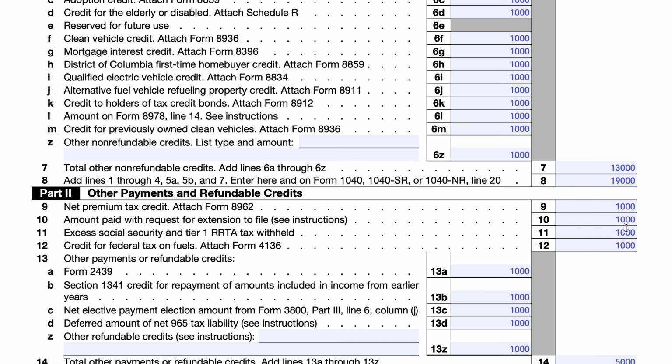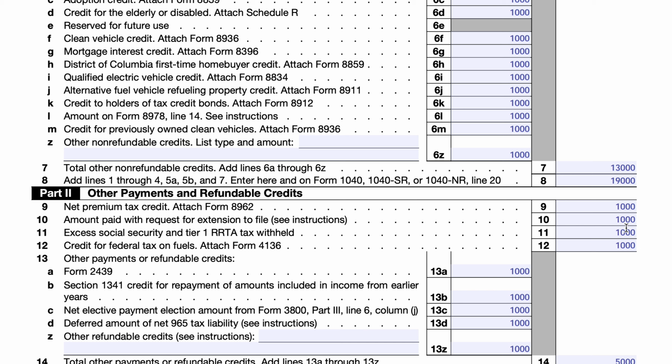If you had excess Social Security or what's known as Tier 1 RRTA tax, that's for railroad workers, basically the equivalent to Social Security. If you overpaid your Social Security taxes based on the wage base, which in 2024 was $168,600 per individual, you should be able to request that your employer adjusts the tax for you.